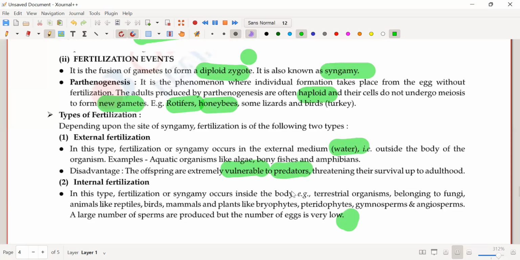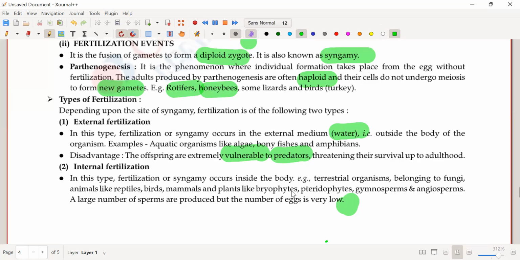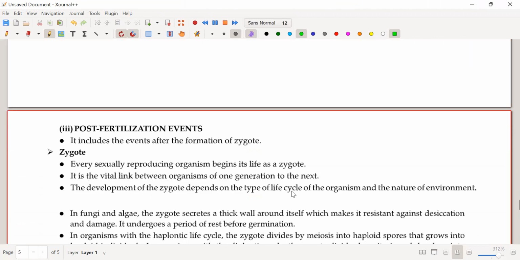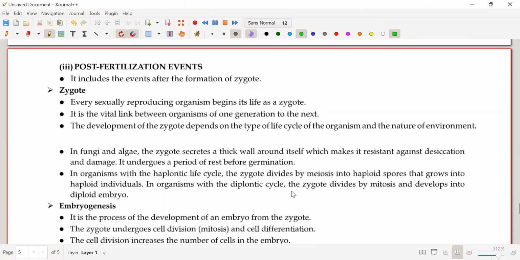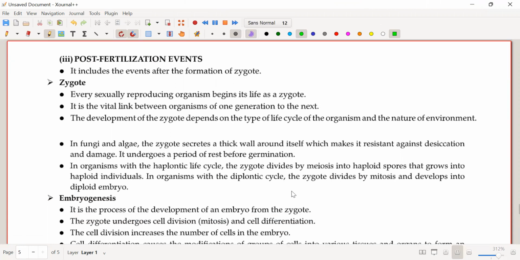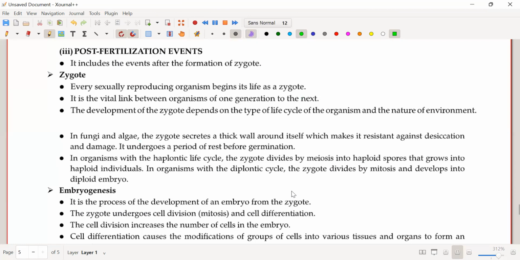Since the egg is non-motile, it will not move, so one or two would be enough. But the motile sperms should be much more, which is why they are produced in higher numbers.